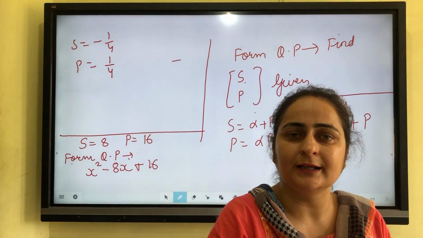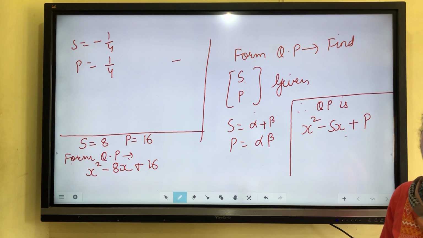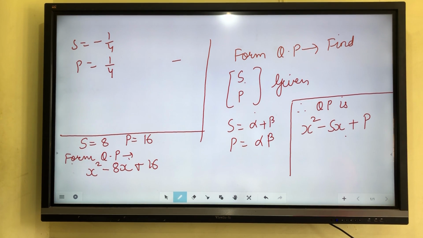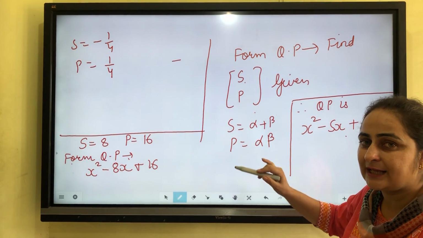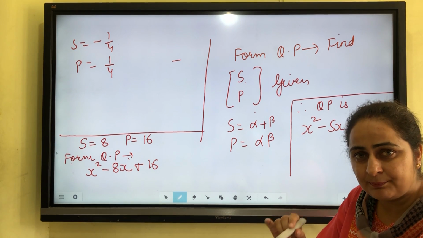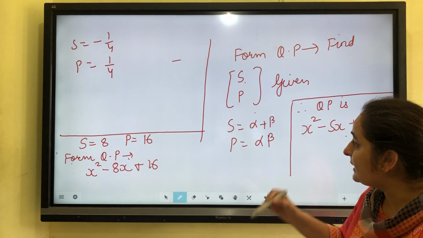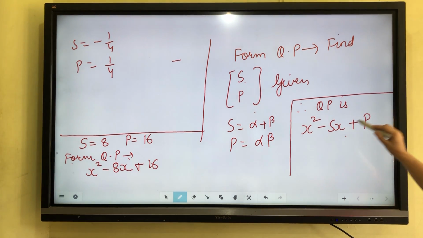If sum and product are given, then we are able to directly apply the formula. If, in place of sum and product, alpha and beta are given, meaning zeros are given, then firstly we have to calculate the sum and product. Then after calculating the sum and product, we will fill the values in the formula.